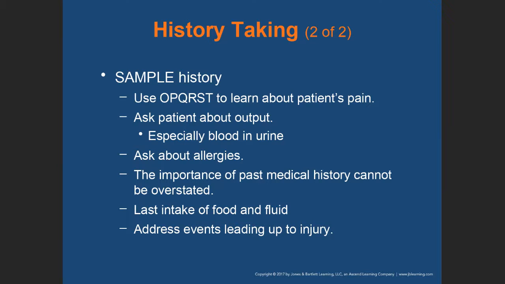Use your OPQRST if pain is present. Ask the patient about output, especially blood in the urine. Ask about allergies. Past medical history is very important. What they last had to eat, events. We know this by now. SAMPLE.